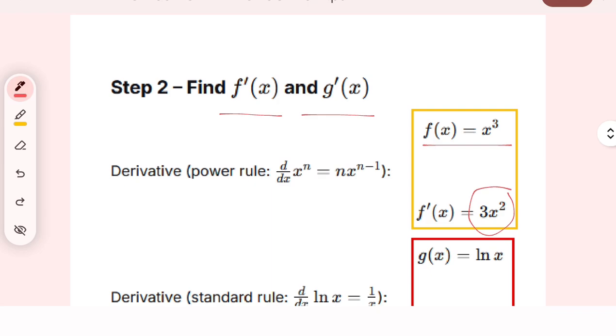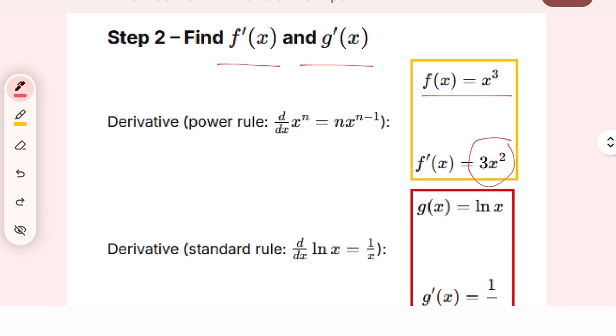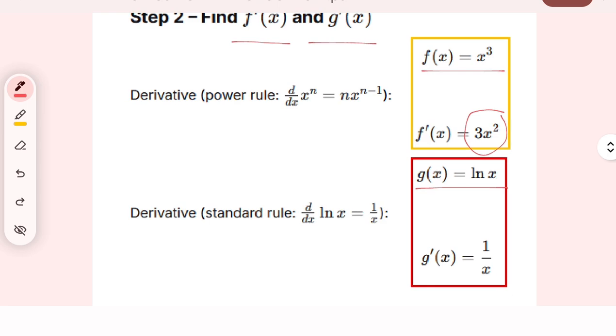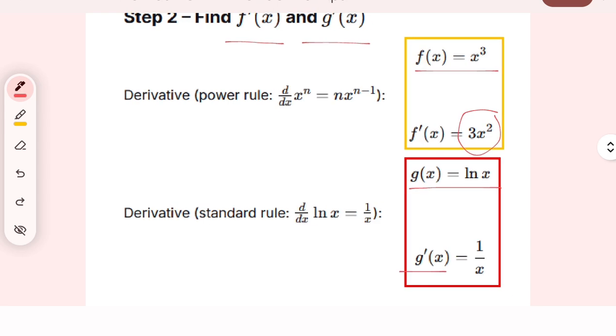Now the second function is ln x. What is the derivative of ln x? I hope you know this: it is 1 over x. So now we have the derivative of the first function and the derivative of the second function.